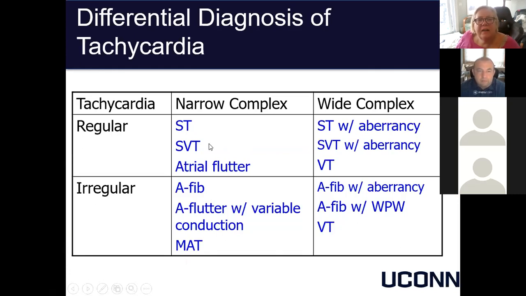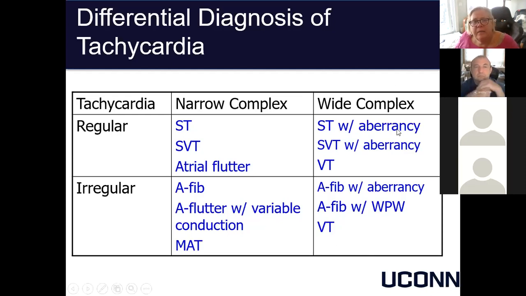Sinus tachycardia, supraventricular tachycardia tend to be regular heartbeats. A flutter tends to be regular with an occasional irregularity in it. A fib is definitely irregular, and a flutter with variable conduction is irregular.